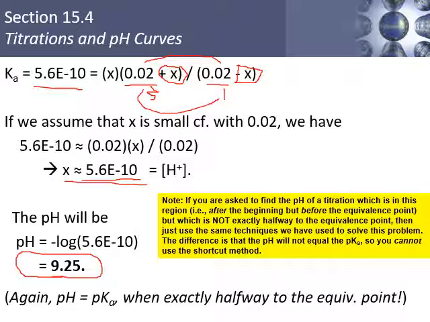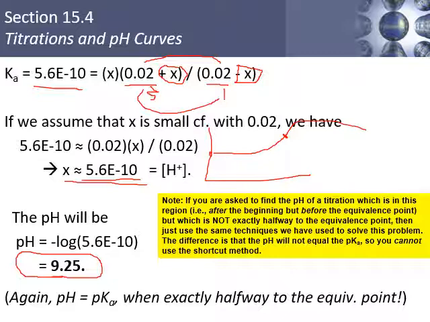So you can do anything in the range from the very beginning point here to the equivalence point here, the way that we just did this, or you can use the HH equation.